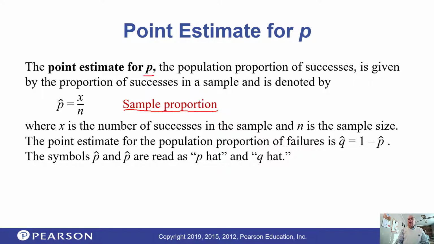So just take the number of people that said, yes, we're for candidate A, divide that by how many people you surveyed, and that gives you a point estimate, p hat.